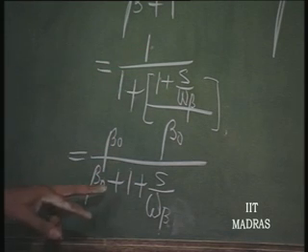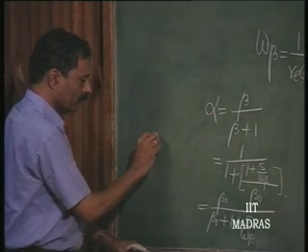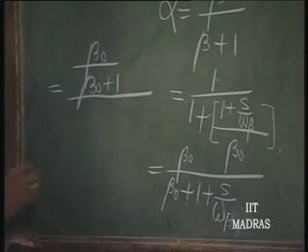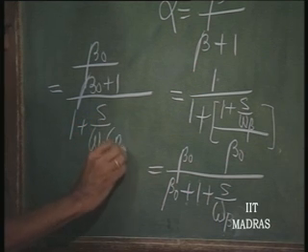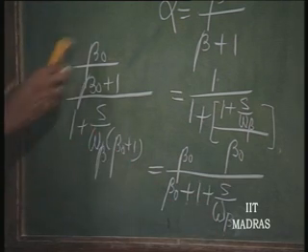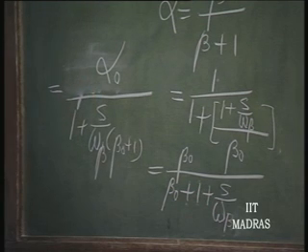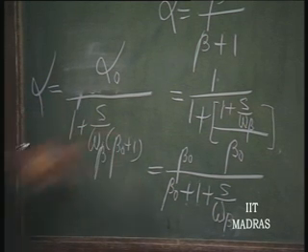So, beta naught by beta naught plus 1 plus S by omega beta. So, I will take out beta naught plus 1. So, this is equal to beta naught divided by beta naught plus 1 divided by 1 plus S by omega beta to beta naught plus 1. What is beta naught by beta naught plus 1? Alpha naught. So, this is nothing but alpha naught. So, alpha is going to be alpha naught by 1 plus S by omega beta to beta naught plus 1.